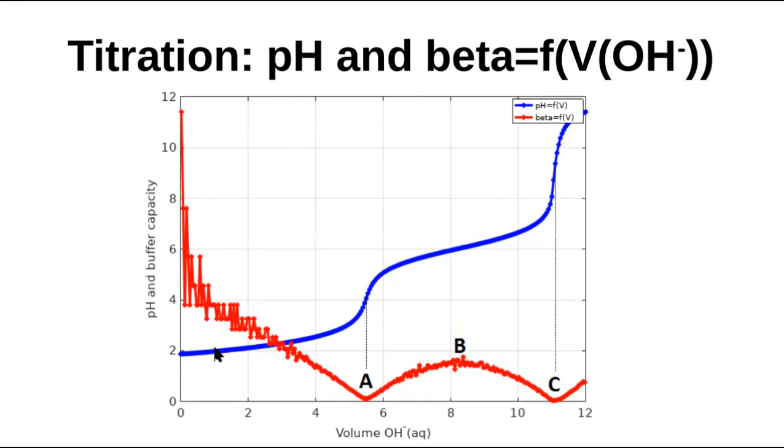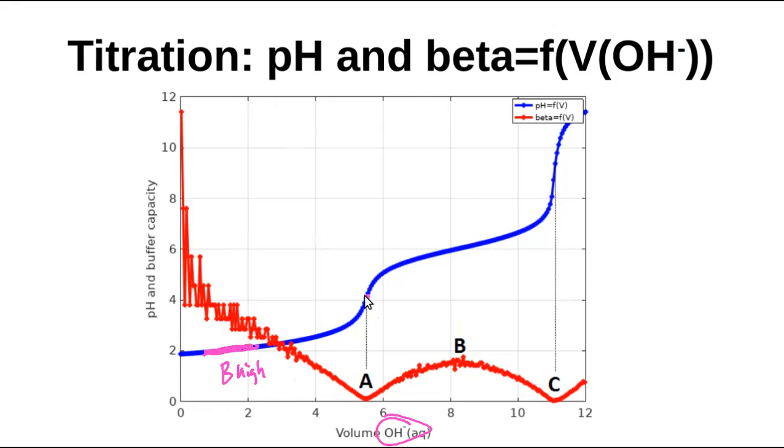Say if we look here, if we add some hydroxide ions, then pH is not changed a lot. So the buffer capacity is high here.